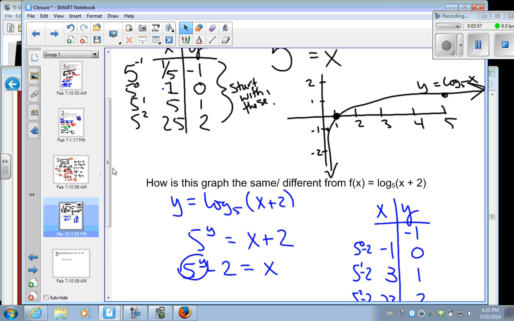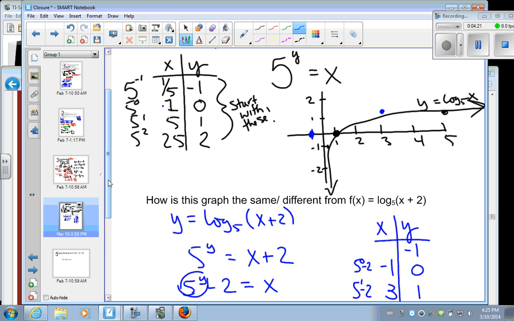So when x is -1, y is 0. So now that's over here. And when x is 3, y is 1. The next one I don't want to do, when y is 2, because 23 is off the graph.